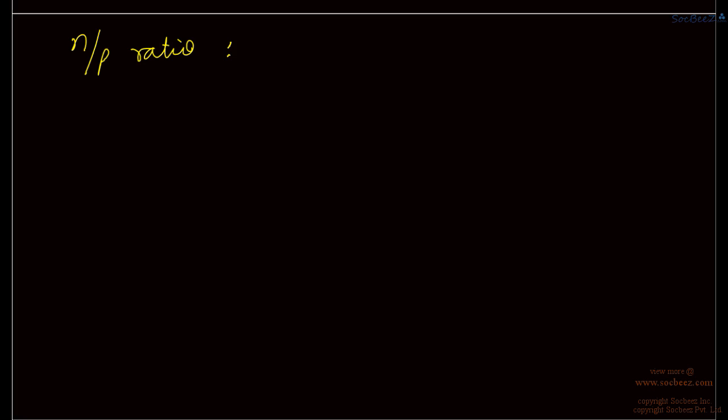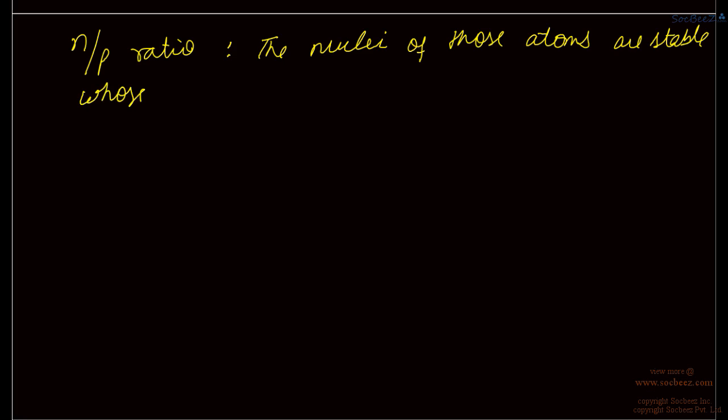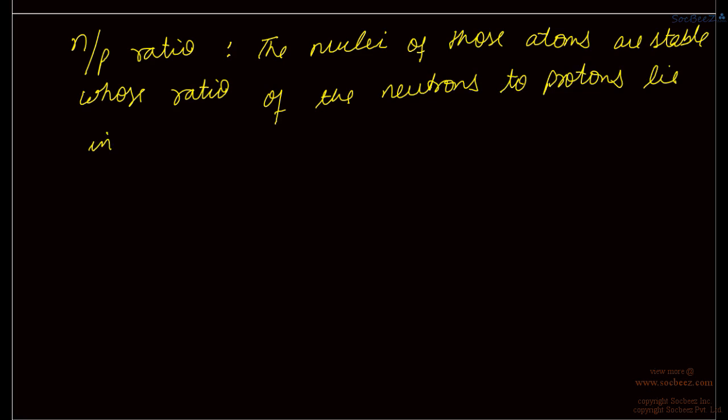So according to the N/P ratio rule, the nuclei of those atoms are stable whose ratio of neutrons to protons lies in the range of 1 to 1.5.